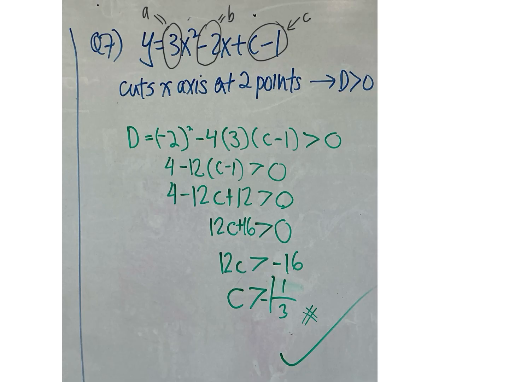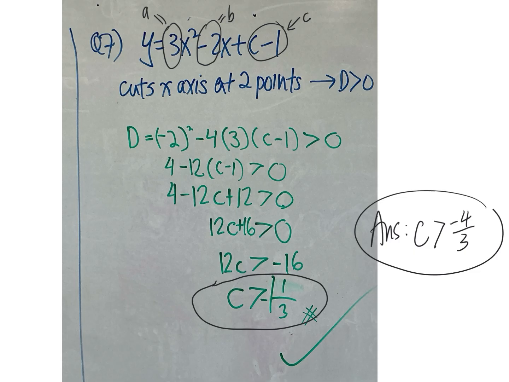So the discriminant, if you finally solve it, the answer is c greater than minus 4 over 3. Remember, when you divide by a positive number, don't flip your sign. The answer there is quite easy to read, so I'm going to skip. You can refer to the board for the working.